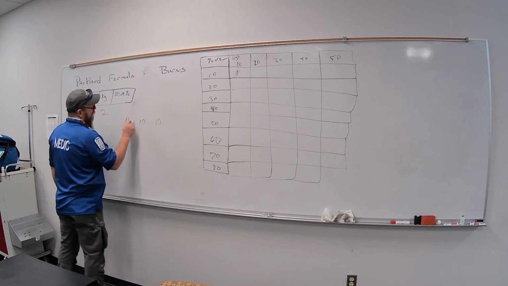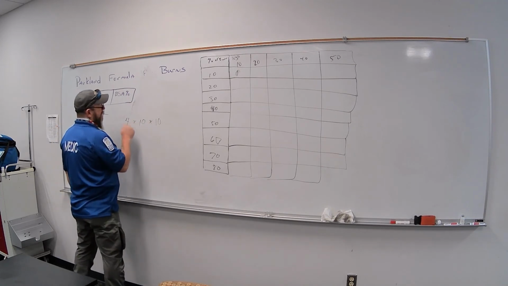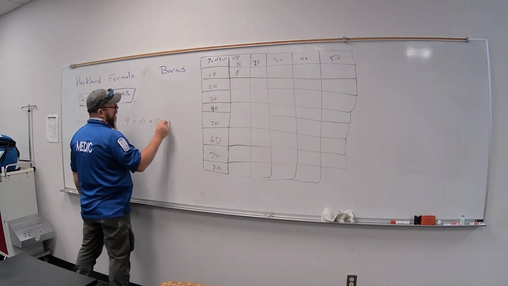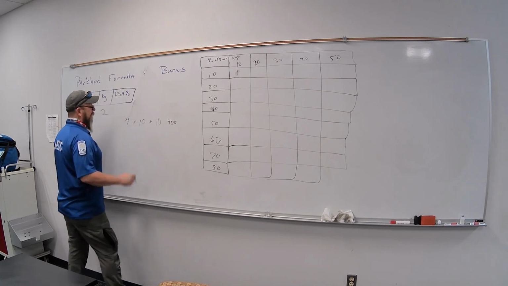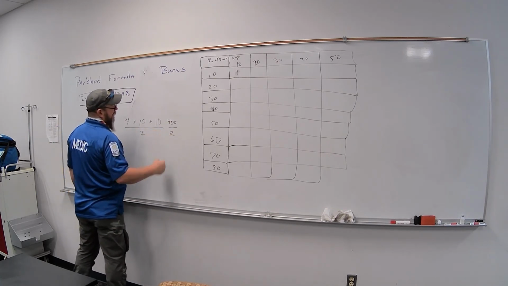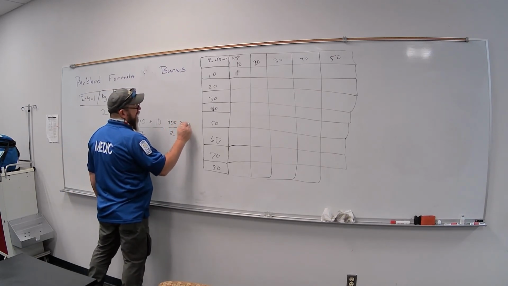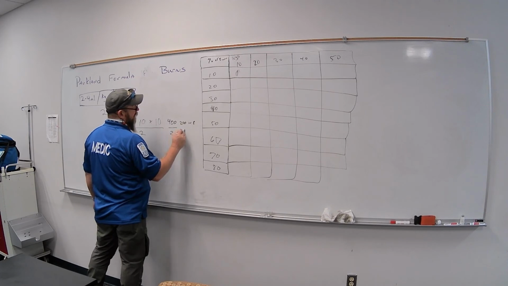So 4 times 10 times 10 is 40, times 10 is 400, right? Then we divide that by 2. That gives us 200 in the first 8 and 200 in the next 16.